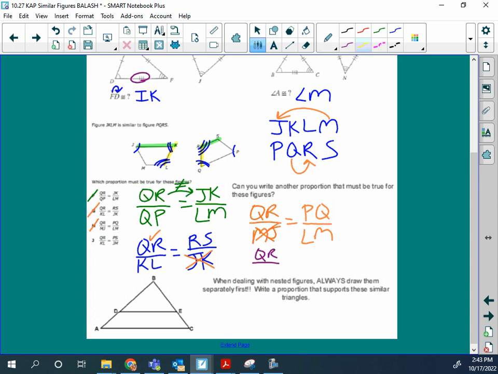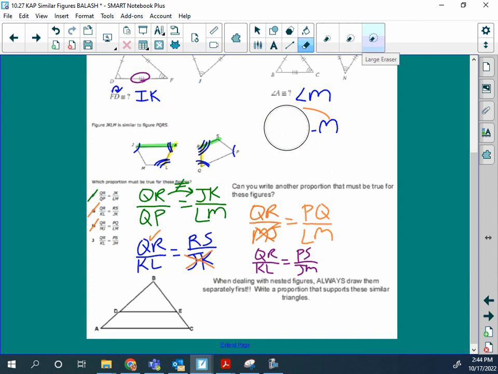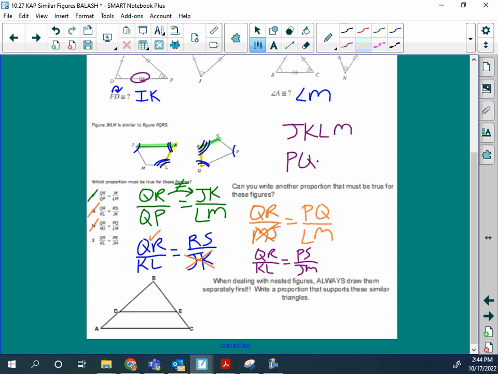QR over KL equals PS over JM. And I'm actually going to use the letters again. Hopefully it'll be just as easy as it was last time. Okay, JKLM, PQRS. All right, here we go. So QR over KL.